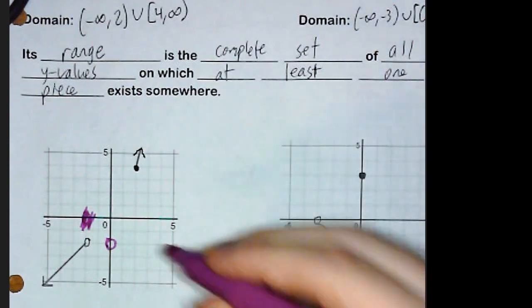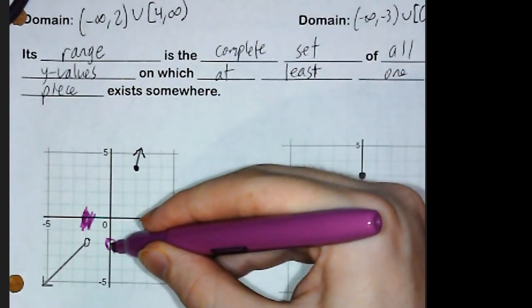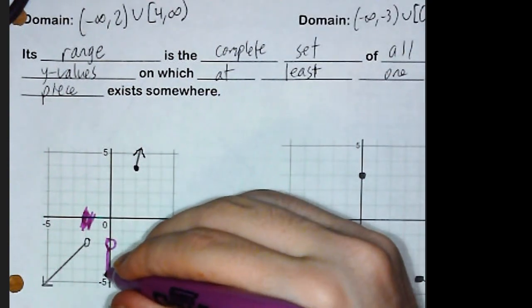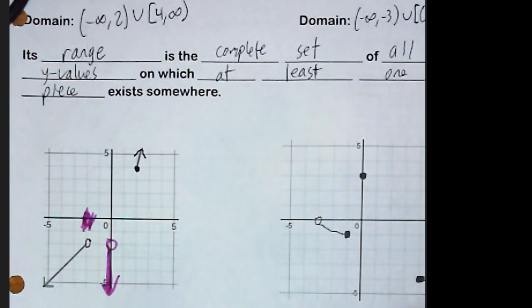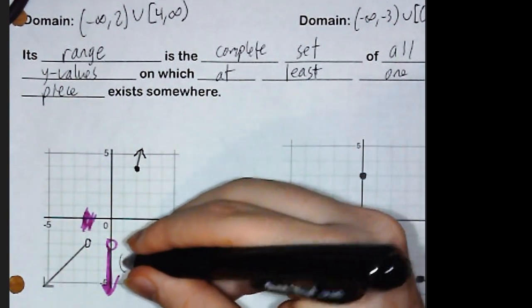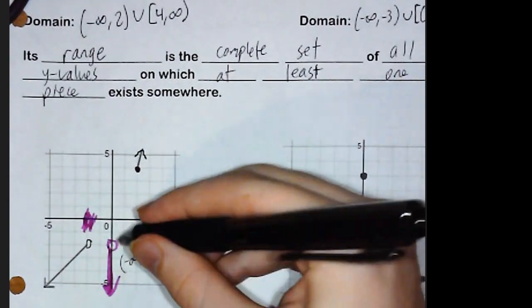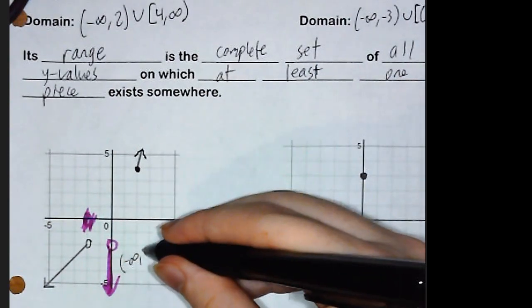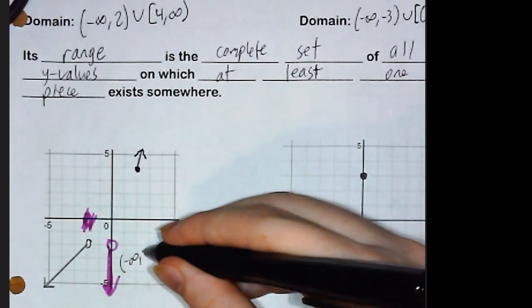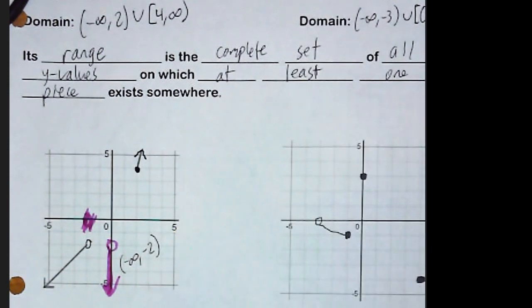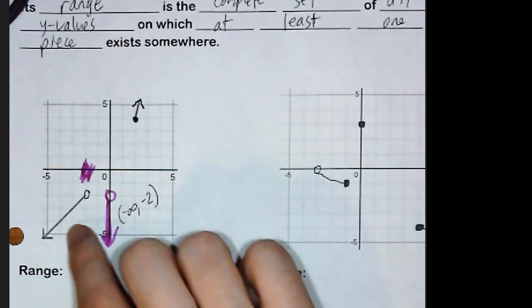So we're going to start here, and it's going all the way down. Going from least to greatest, that's from negative infinity, which we can't include, up to -2, which we could include if it were a closed circle, but because it's an open circle, we don't include it either. And that's the range of my first piece.